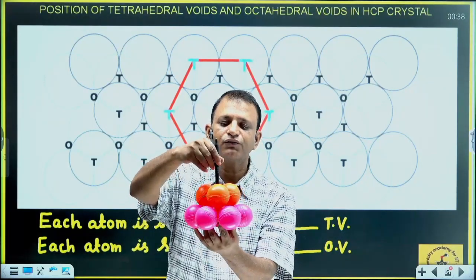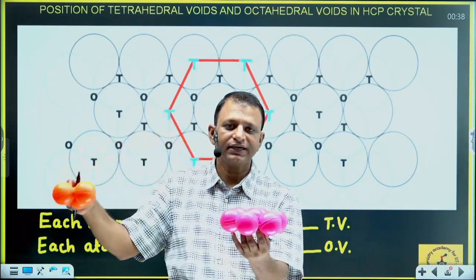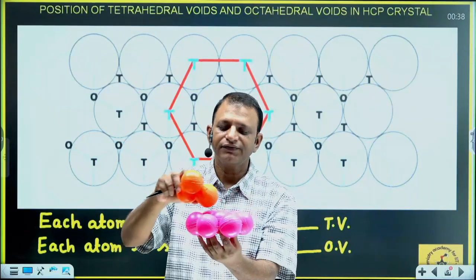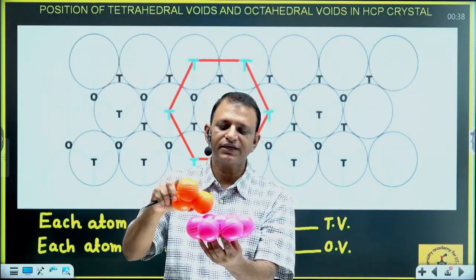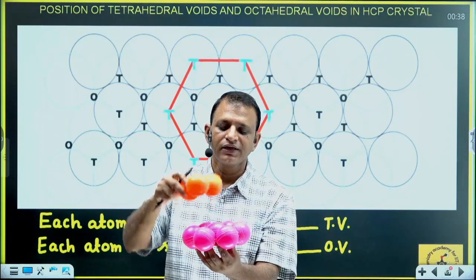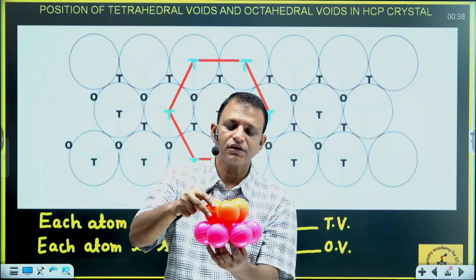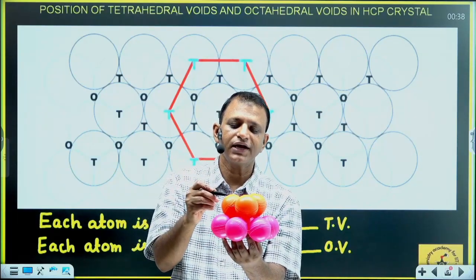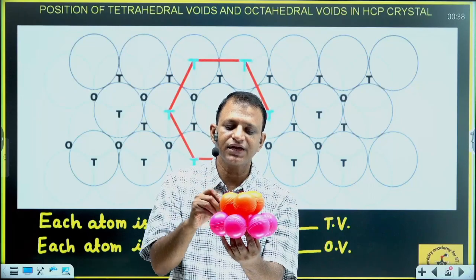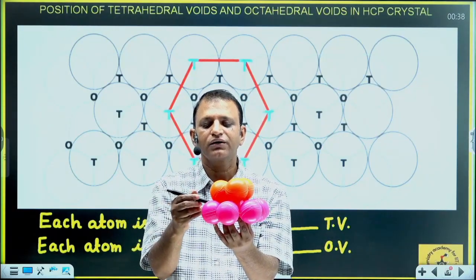So a tetrahedral void is present here, and I can say that in this regular hexagon, if I take these 3 atoms, the centers of these 3 atoms will form an equilateral triangle. If I place this atom, it will act like a vertex of that regular tetrahedron. So this atom and these 3 atoms will form a regular tetrahedron, and this is the tetrahedral void.